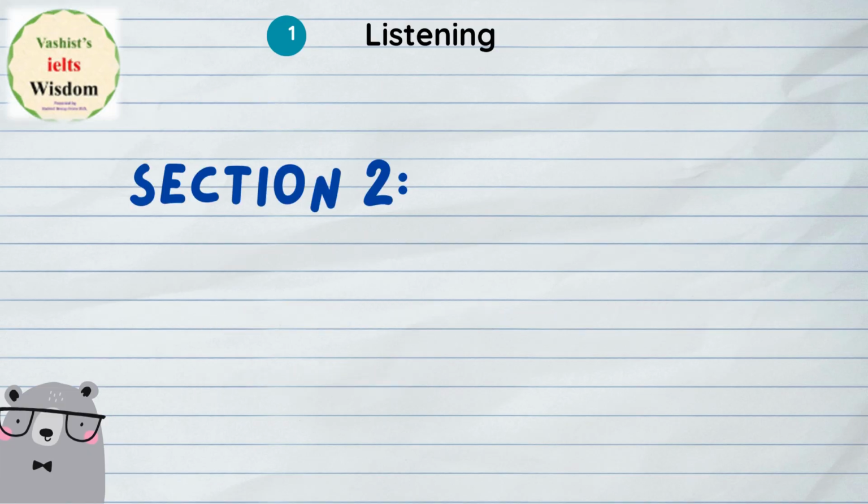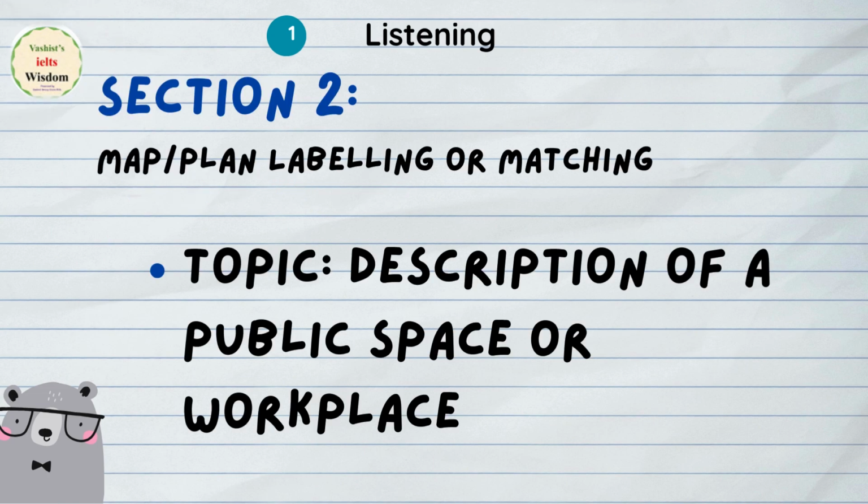Okay, now moving to Section 2, meaning Part 2. When we are talking about Part 2, mainly you can expect map, plan, labeling, or matching questions. These three types you can expect in this exam. As for topics, you can expect a description of a public space or workplace.